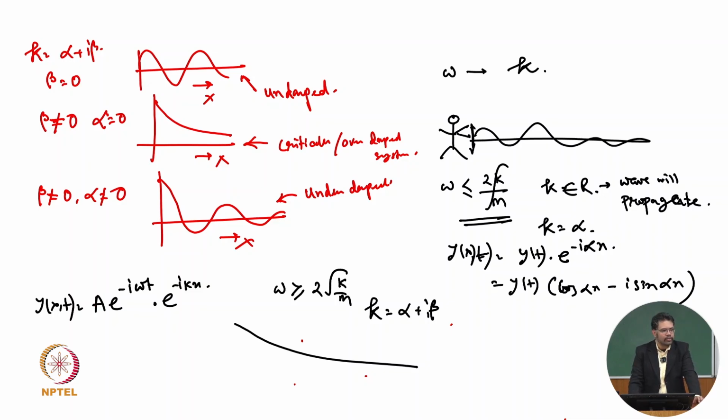Now we see that in some cases the wave will propagate, and in some cases the wave will not propagate. So for all the cases, is that solution valid or not? What do you feel?